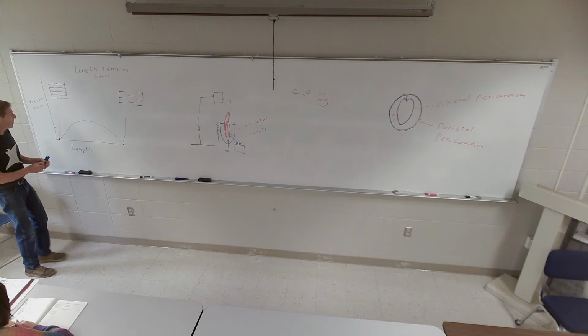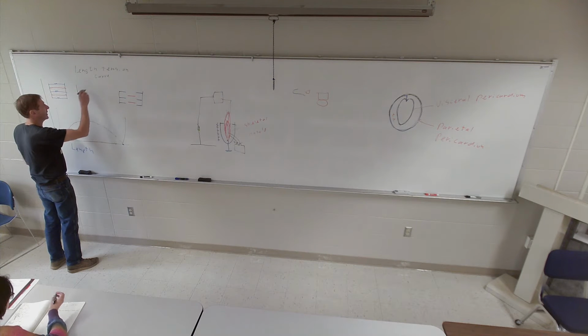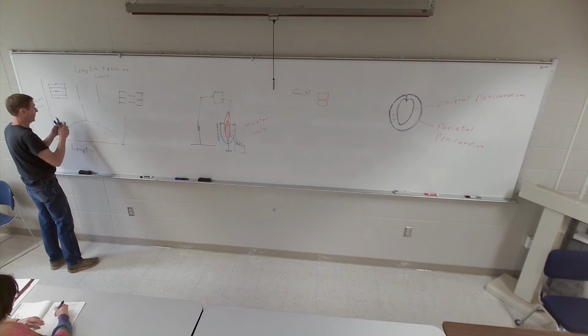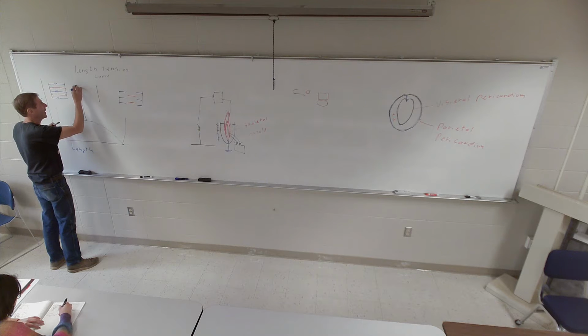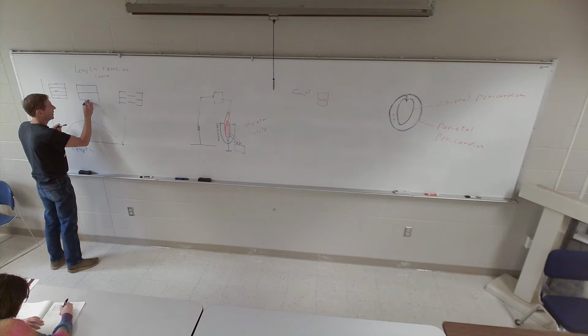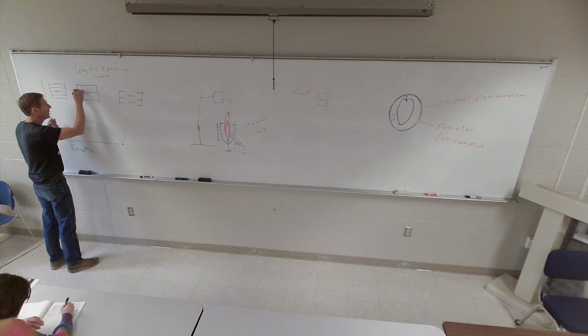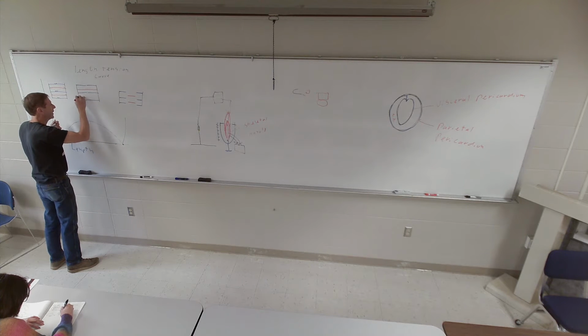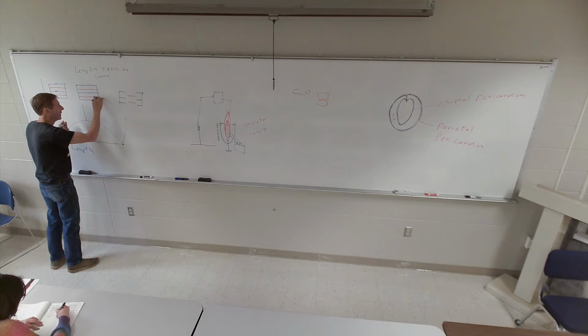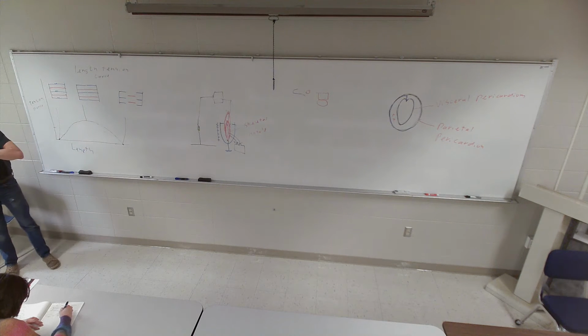So look smack dab in the middle, somewhere in here, and what you'll find is that at this point you have the maximum amount of overlap, but you haven't got any protein interference yet.